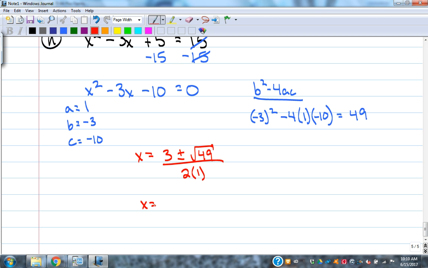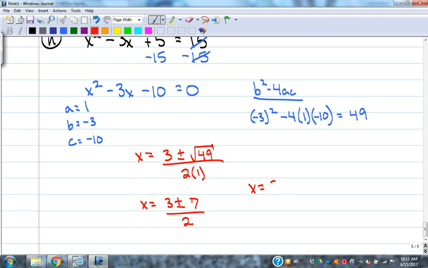And then we simplify as much as possible. So the square root of 49 is what? 7. We know that one. Okay. And then it's all divided by 2. Well, 3, 7, and 2 are not divisible by the same number. So we can't simplify that way. But we can split this into two problems.